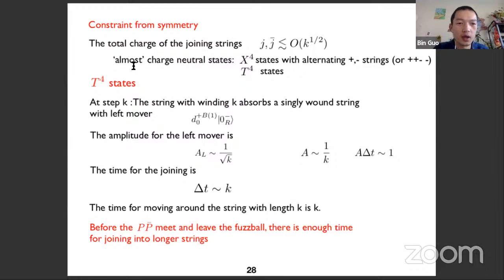So we only consider the almost charge neutral states. So for X4 states, it can be the state with alternating plus minus strings, or plus plus minus minus, all this kind of combination.